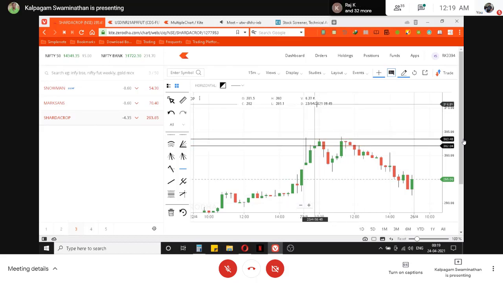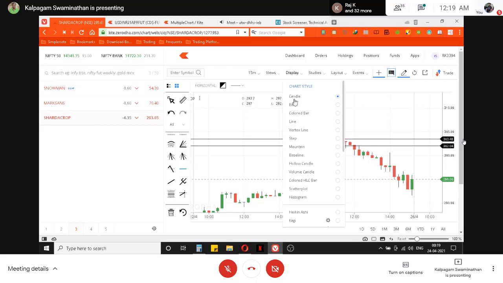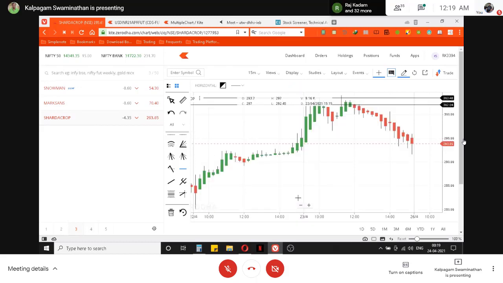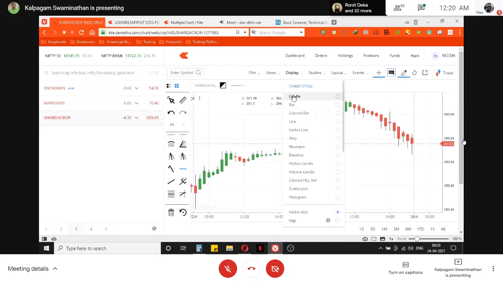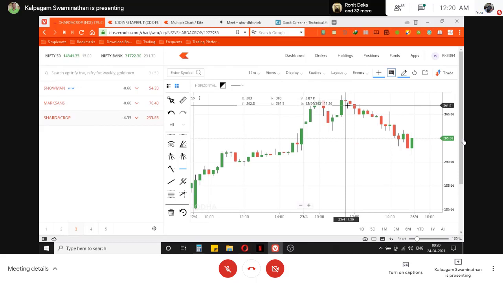Then again you look for a sell signal based on Heiken Ashi. So you got an entry after this candle, at 11:45. So 11:45 low was what? This candle low, you take an entry. High is the stop loss.